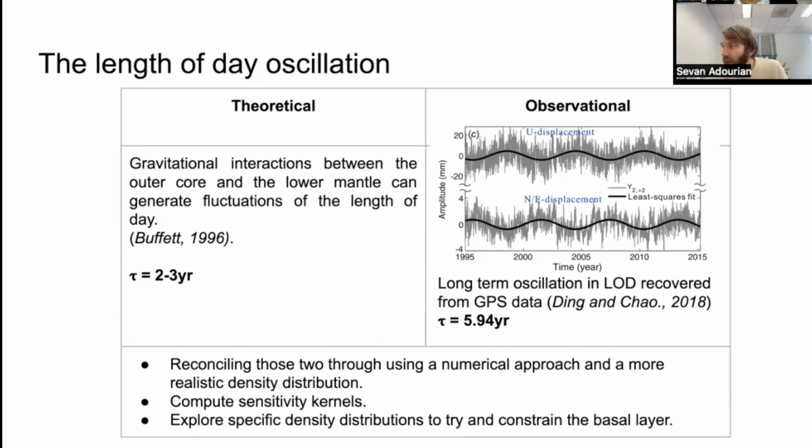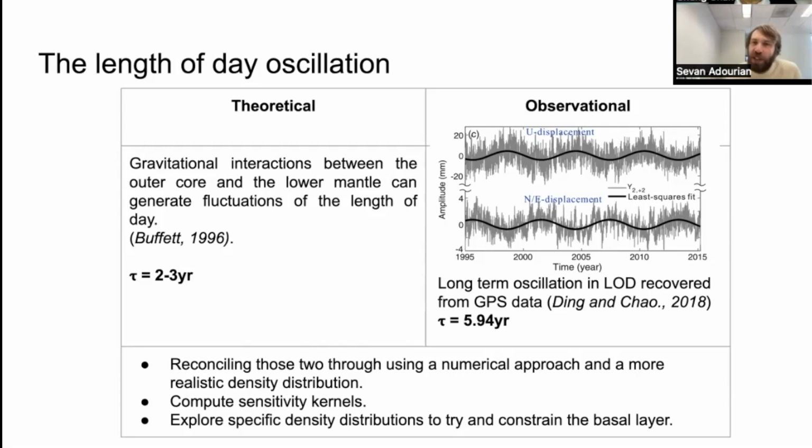So if I backtrack a little bit, we all know that the length of day is about 24 hours. We've known that for many years, if not millennia. What is less known is that around this 24 hours, there are some oscillations on the order of magnitude of the millisecond, for example.